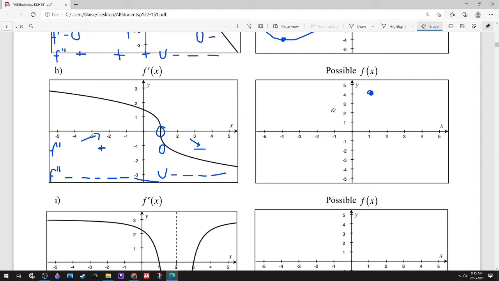I feel like my brain is missing something. I'm supposed to have an undefined slope here. I thought it was going to be something like this, but those are both concave up. Here, I'm going to cheat.